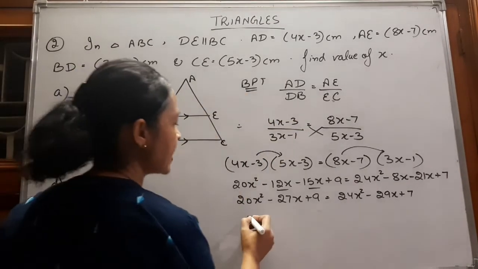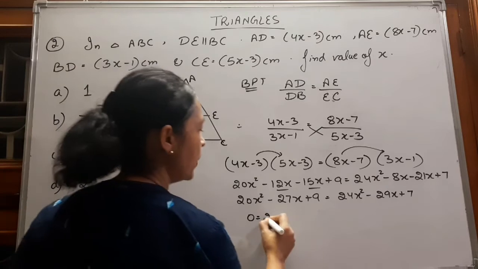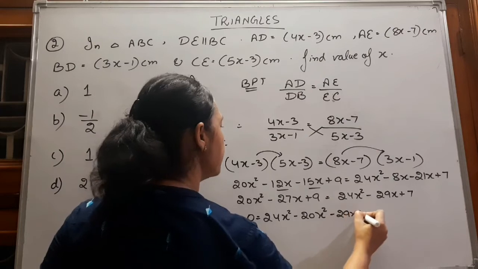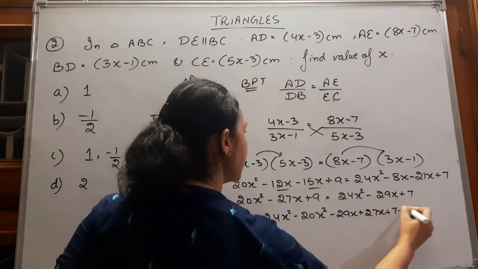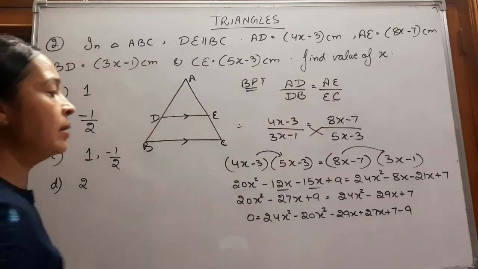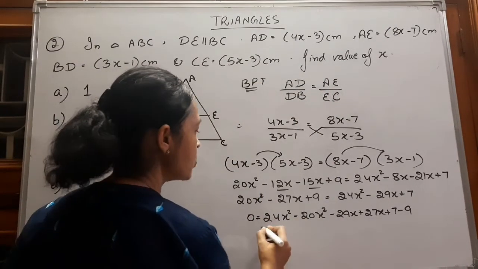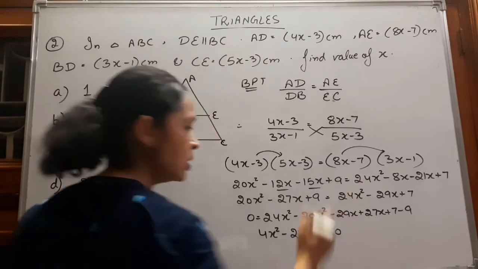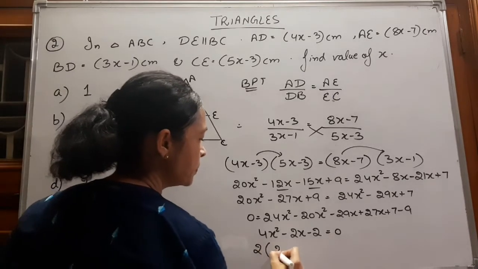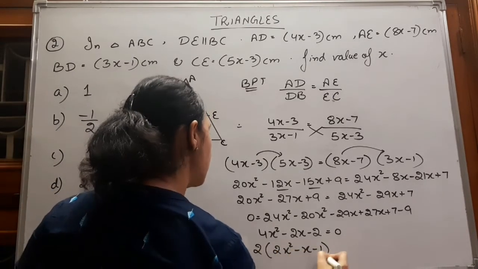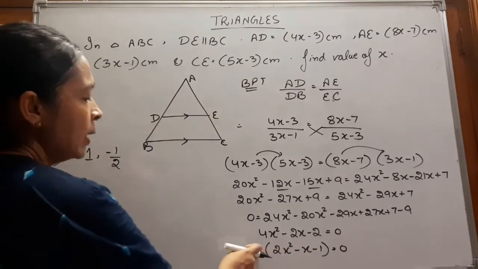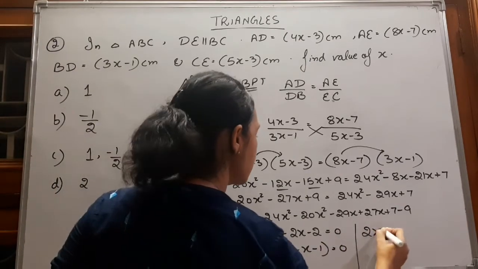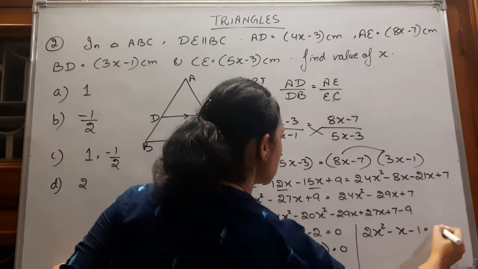Take these terms to the right hand side and put 0 on the left. 24x square minus 20x square, minus 29x plus 27x, plus 7 minus 9. 24 minus 20, we have 4x square minus 2x minus 2 equals 0. Take 2 common: 2x square minus x minus 1 equals 0. So our equation is 2x square minus x minus 1 equals 0.